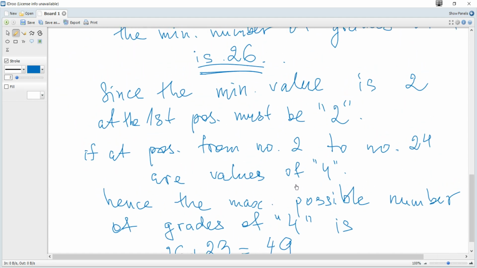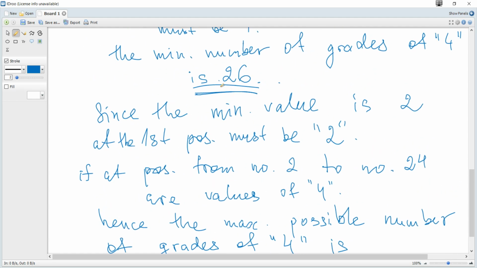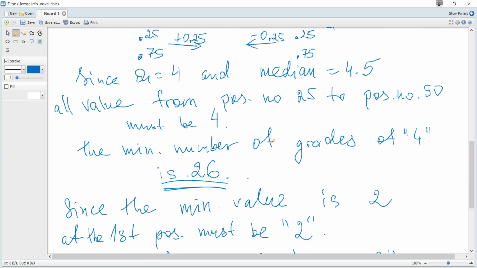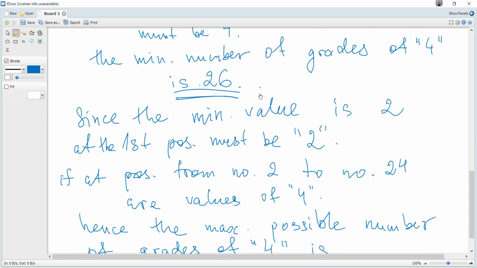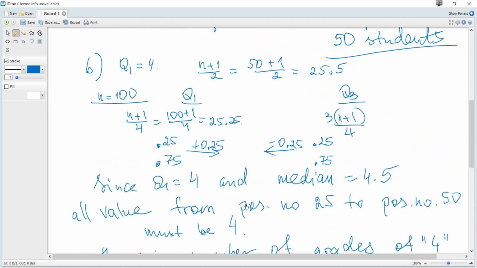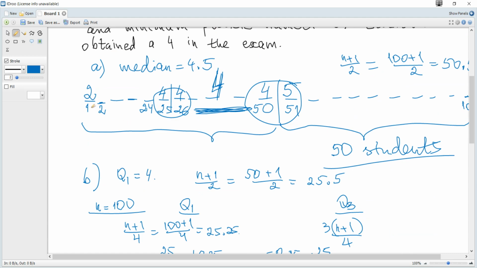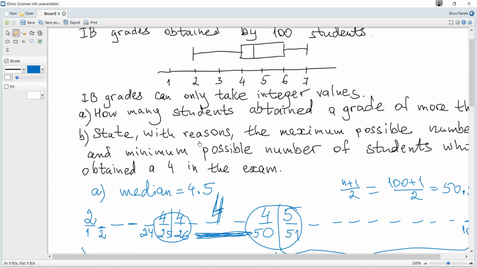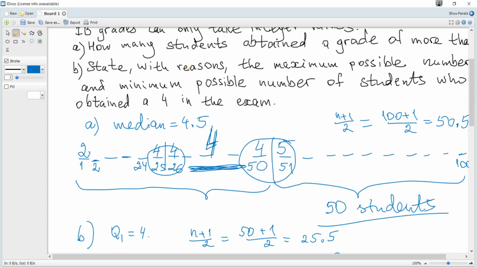So the minimum possible number of 4s is 26, because Q1 must be 4 and the median must be 4.5, so there must be that many values of 4. But at position number 1 there must be a 2, because the minimum value must be 2.